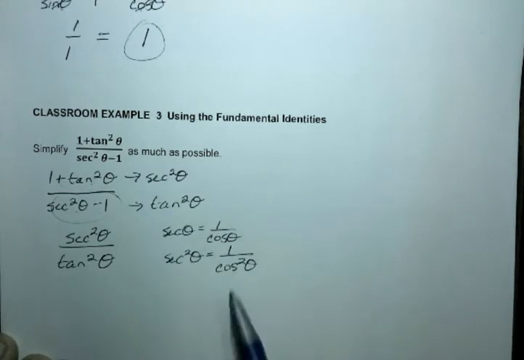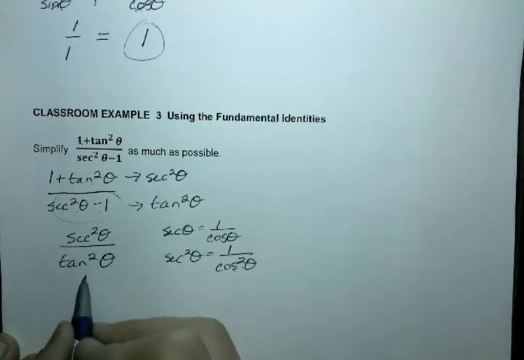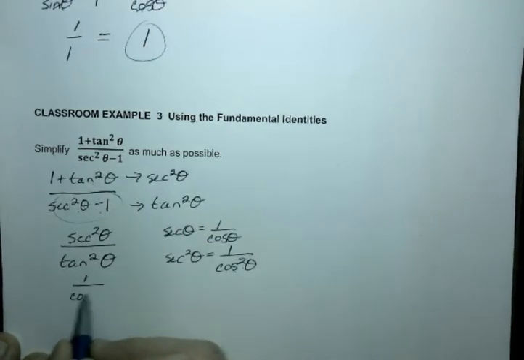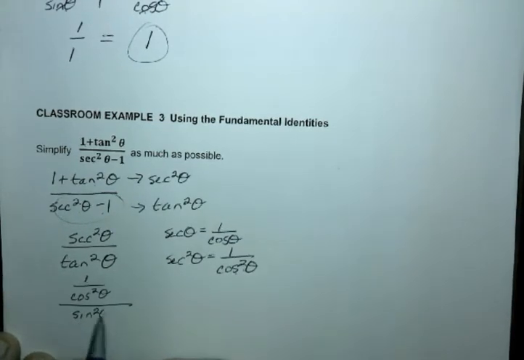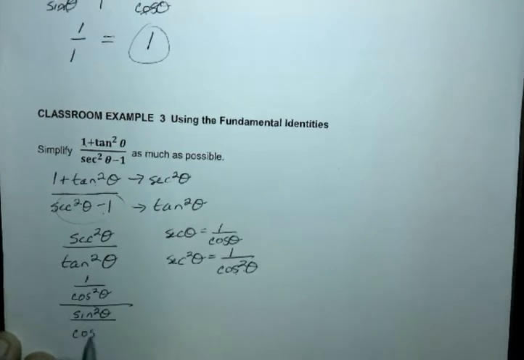So we're just squaring both pieces of this. We're going to rewrite secant squared theta as 1 over cosine squared theta. And then the same thing with the tangent squared theta and that quotient identity. If tangent is sine over cosine, then tangent squared would be sine squared theta over cosine squared theta.